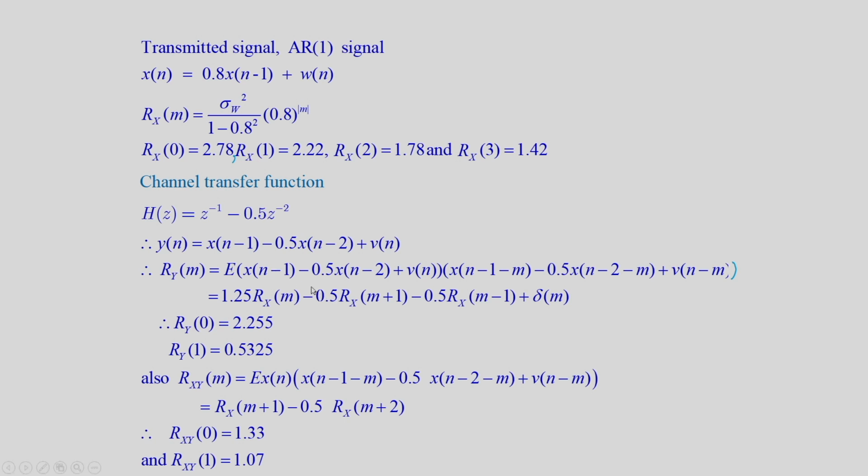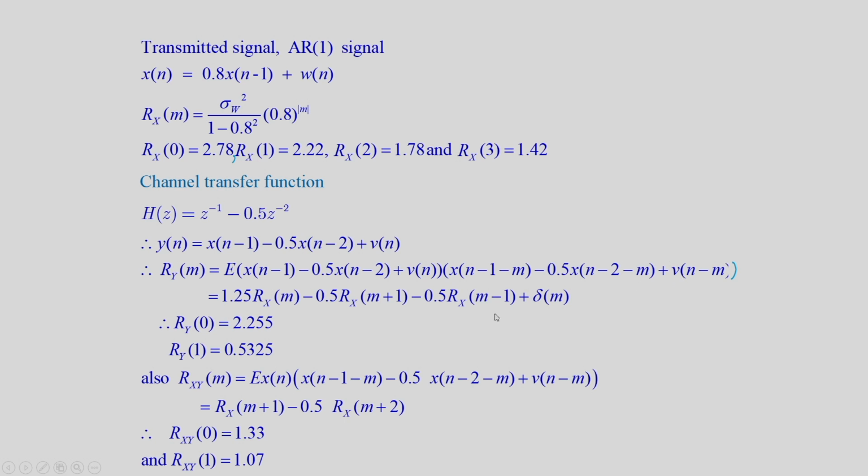Similarly, there will be the cross terms. Because of that we will get minus 0.5 Rx of m plus 1 and minus 0.5 Rx of m minus 1. And this noise is of variance 1, and it will be uncorrelated with the signal and uncorrelated with the other samples of the noise also, but only when m is equal to 0 there will be the correlation, that is the variance.